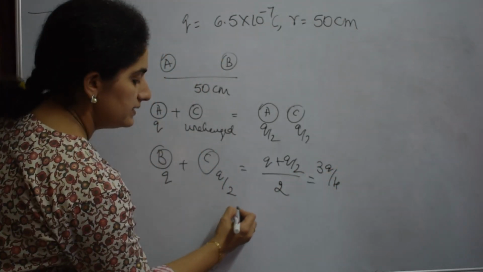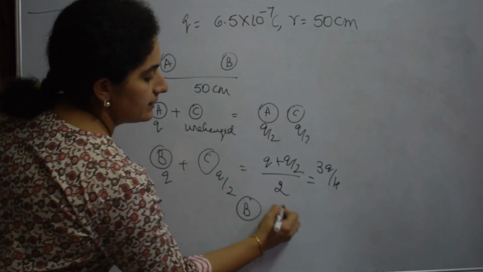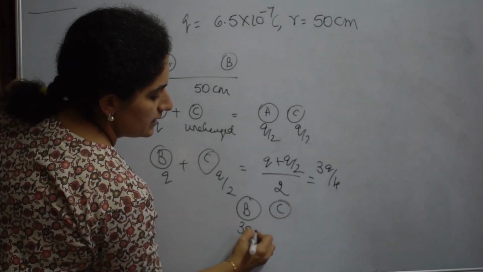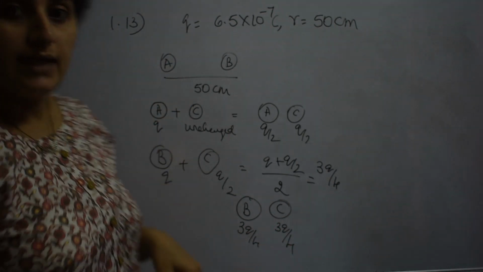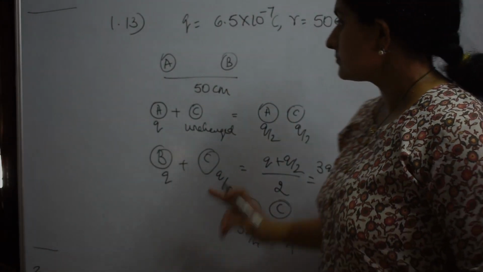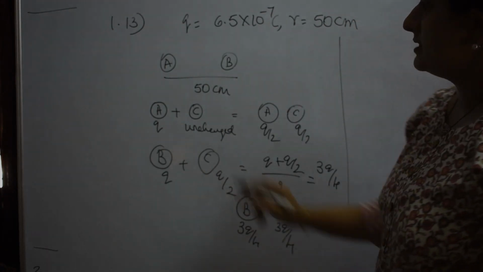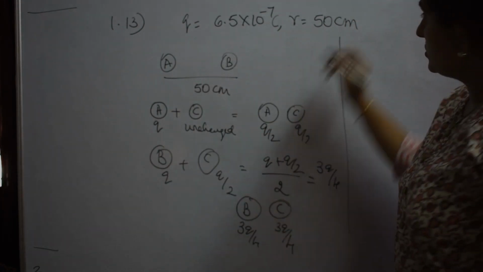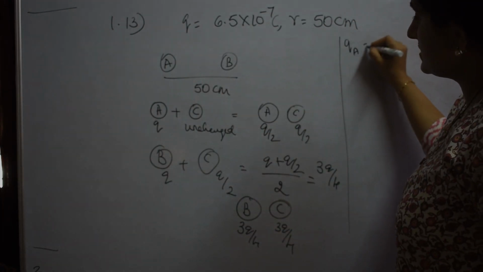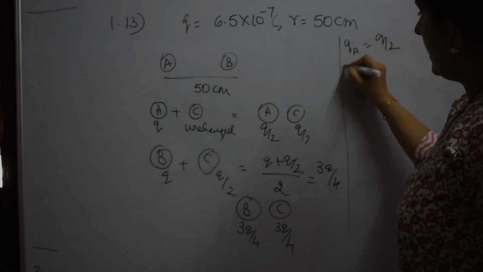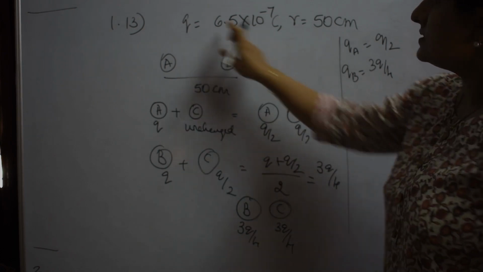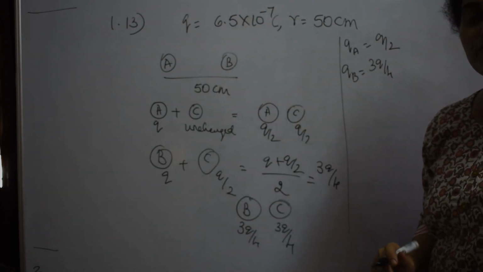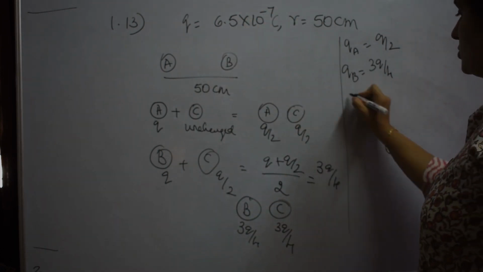So B and C both have 3Q by 4 coulomb of charge. Now calculate the force of repulsion between A and B. So you know that QA has Q by 2 and QB has 3Q by 4 charge. Using these two values, you need to find out the force of repulsion.